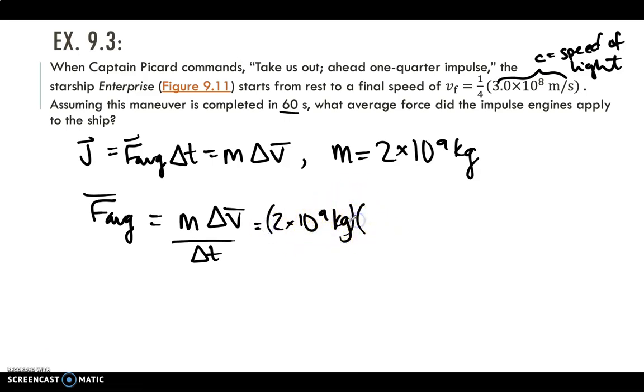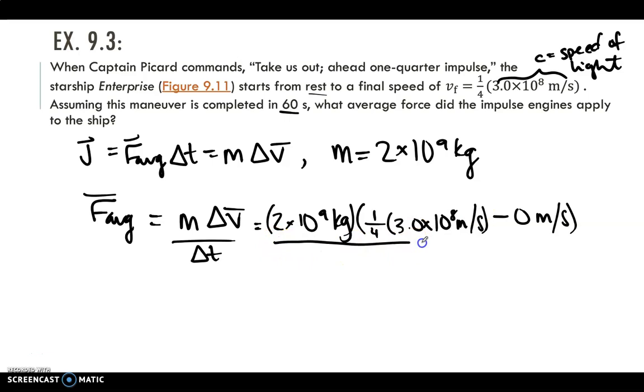And then our final velocity, which is going to be this here, so it'll be 1/4 times 3 times 10 to the 8th meters per second minus 0 meters per second, because that was the initial, started from rest, over our delta T, which is 60 seconds. Okay, so let me go ahead and plug that into my calculator.